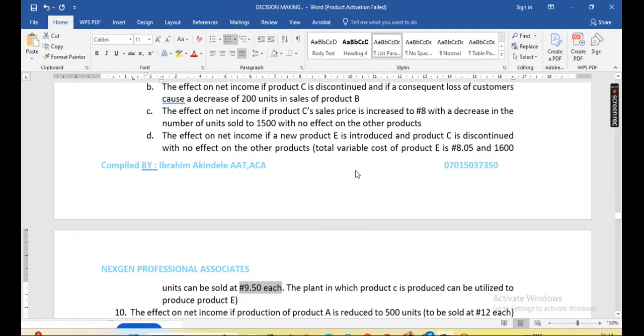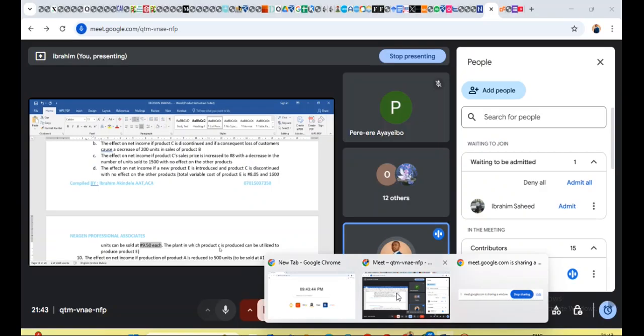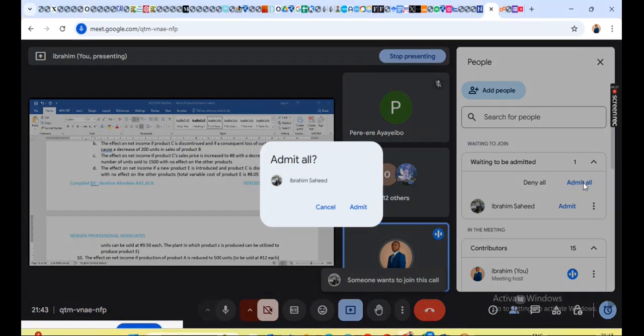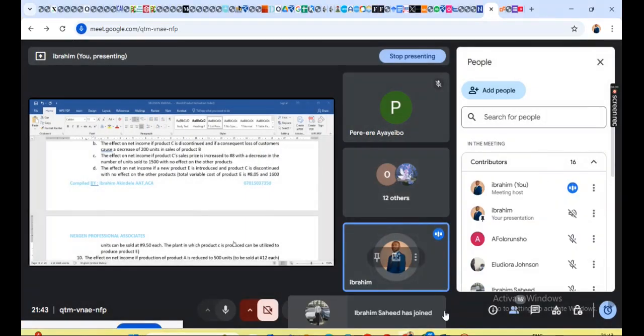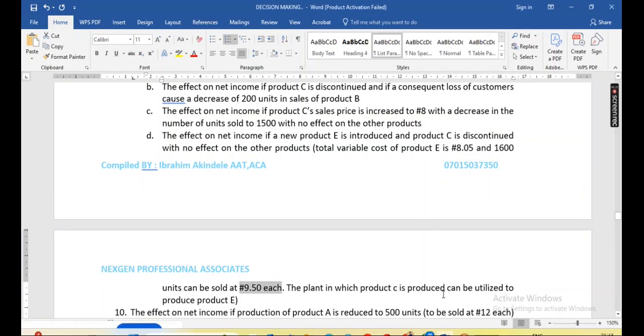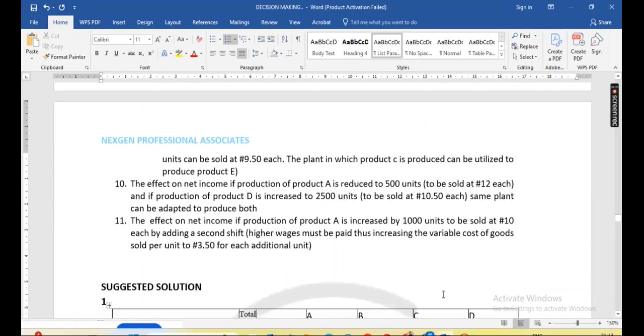So you are bringing in product E and you are discontinuing product C. Don't forget, when you discontinue product C, you will have a savings of 900. Is that not so? Now, let's start it again.